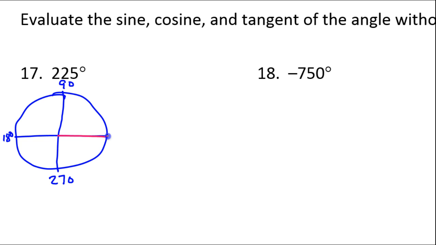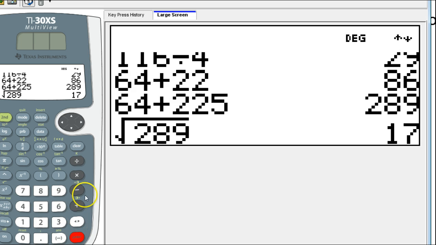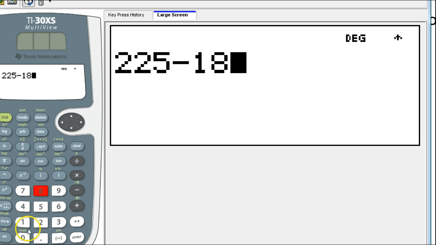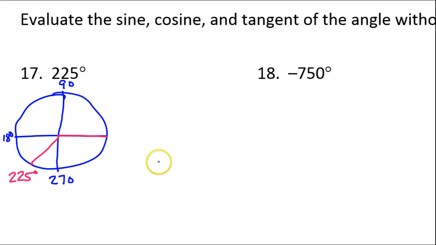Okay, so if this were a standard position, 225 degrees is going to be somewhere in here. Now, we need this reference angle. So 225 minus 180, what's that? Oh, look, 45 degrees.